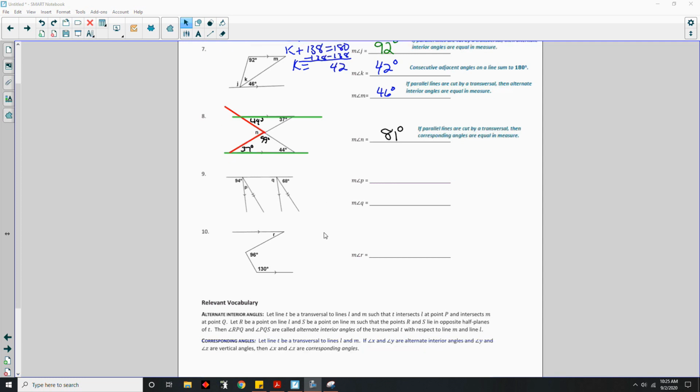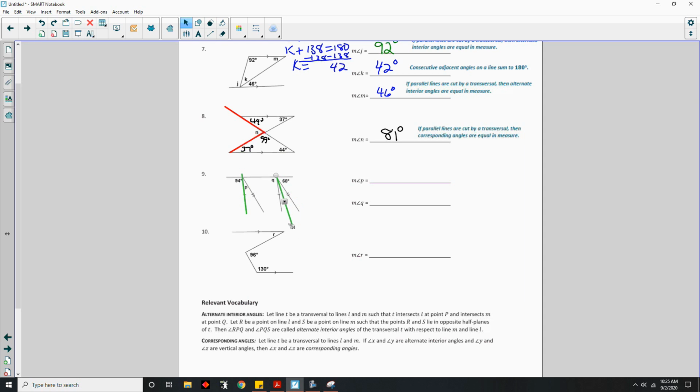Number 9. All right, what's going on here? We have several parallels, so let's start by labeling this up. If you have colored pencils, that's great. I have a lot of students who just mark these things all over the place. I'm going to do this and this.